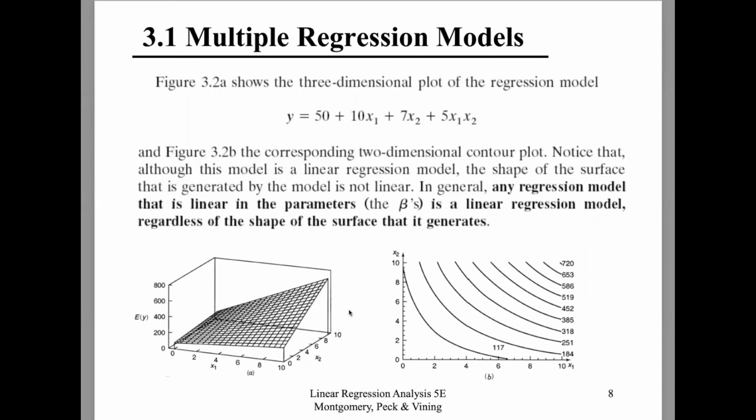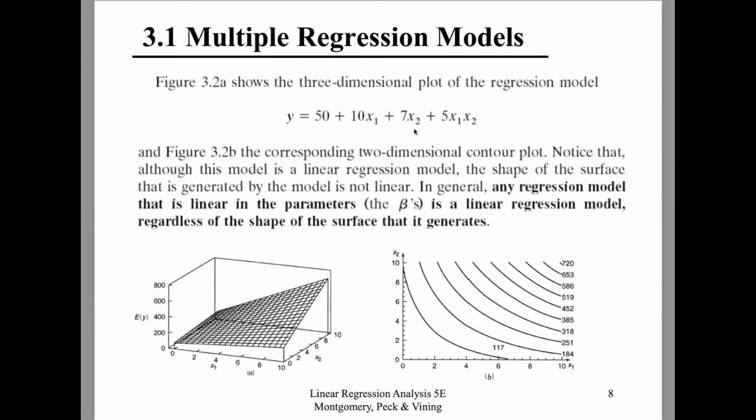We could also have quadratic terms. We could have a quadratic term for x1, a quadratic term for x2, and so forth. And so that would give us an even more general type of surface. Now, this product term, x1 times x2, that induces this twist, what this does is cause the effect of x1, for example, on the response y to depend on the value of x2.